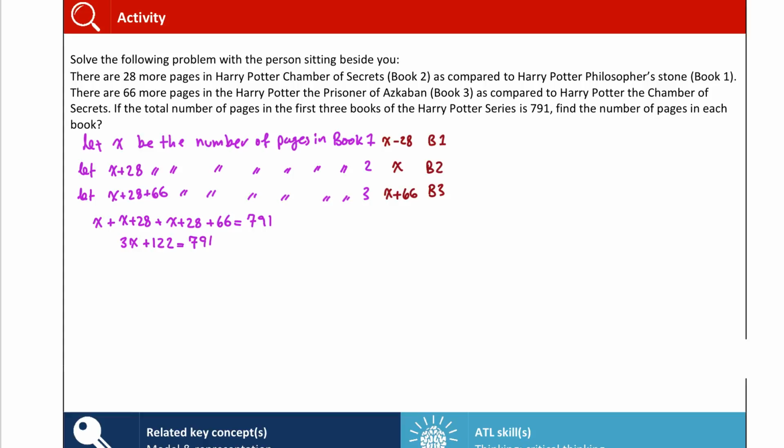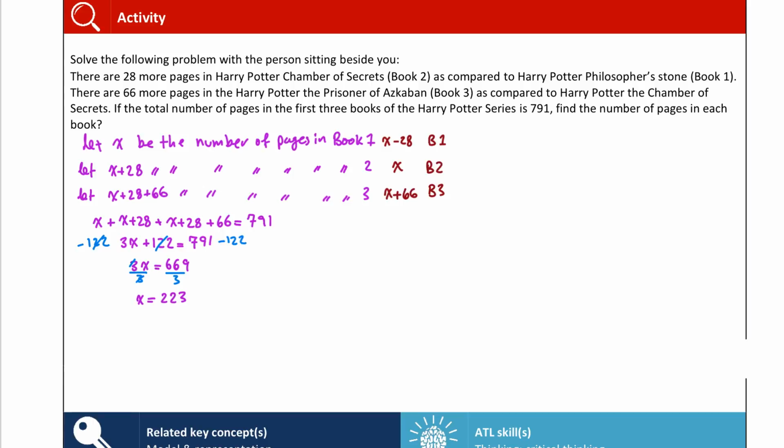I will then subtract 122 from both sides so that I can cancel out the 122 term over here. And then I will get 3x is equal to 669. And finally, to get x on its own, I will divide both sides by 3. That will cancel out the 3 term, and I'm left with x is equal to 223.